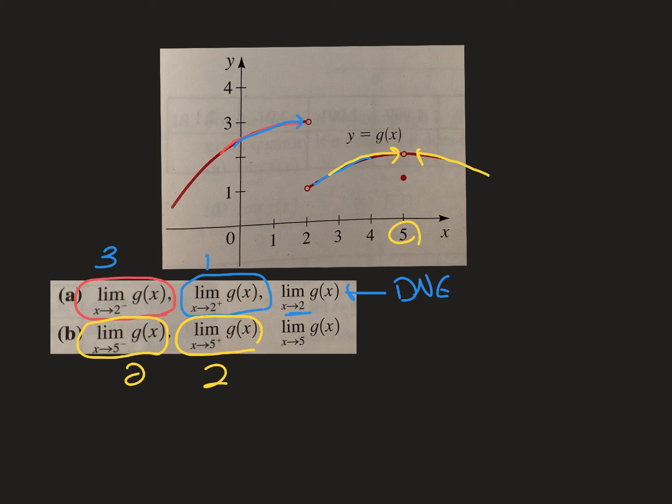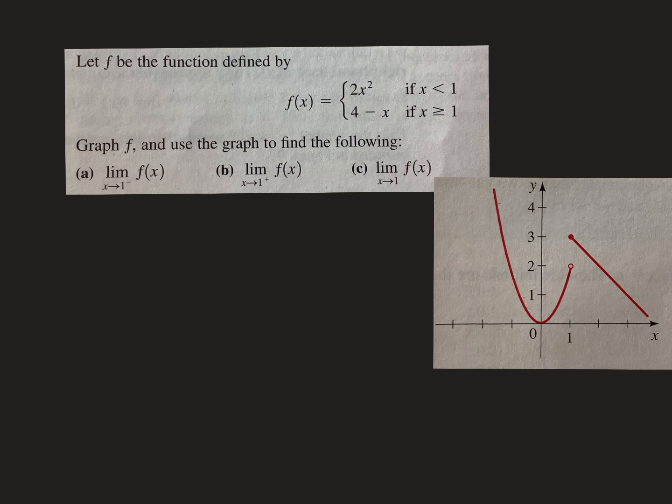So now I can say the limit as x approaches 5 is also going to equal 2 because it's getting closer and closer to 2 from both the left side and the right side. Now, the weird thing about that function is actually the value at 5 is down here at 1. That doesn't really matter as much as what the limits are, what you're getting closer and closer to as you approach it.